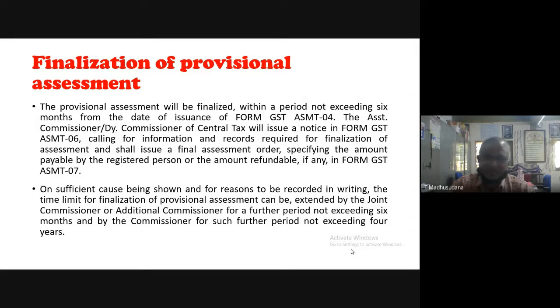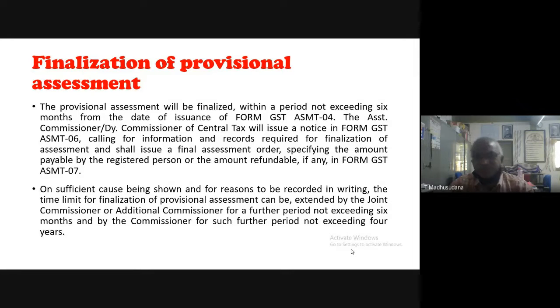Next, on sufficient cause being shown and for reasons to be recorded in writing, the time limit for finalization of provisional assessment can be extended by the Joint Commissioner or Additional Commissioner for a further period not exceeding 6 months, and by the Commissioner for such further period not exceeding 4 years.